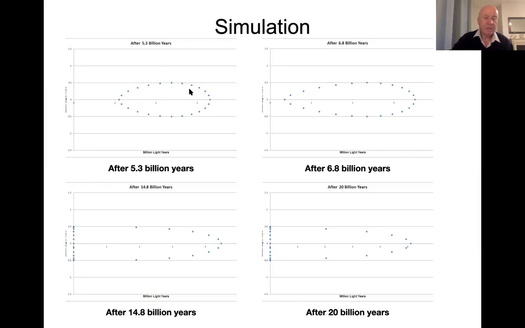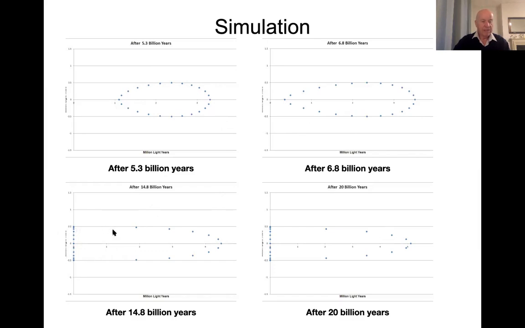And after 5.3 billion years, the tidal effect has extended into the spherical region into a form of ellipse. After 6.8 billion years, it's stretched even more.